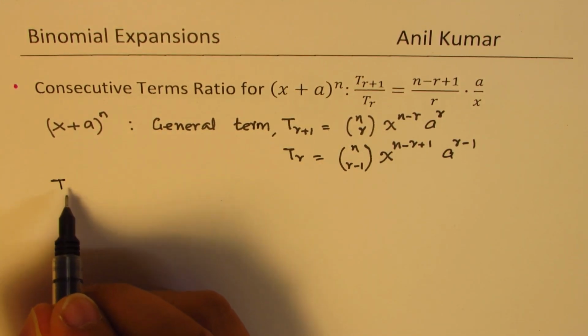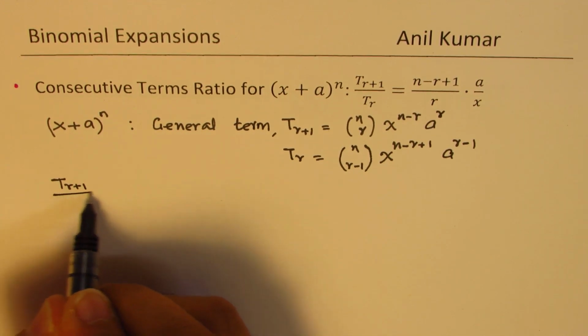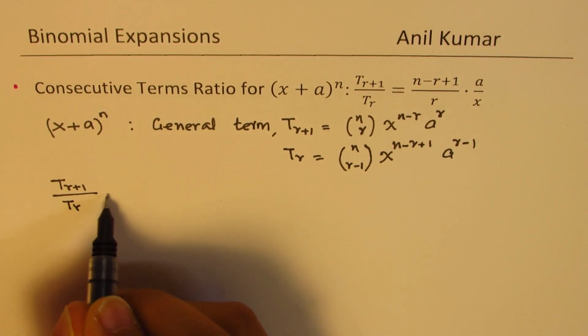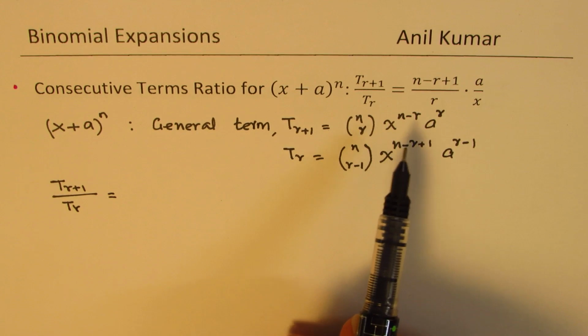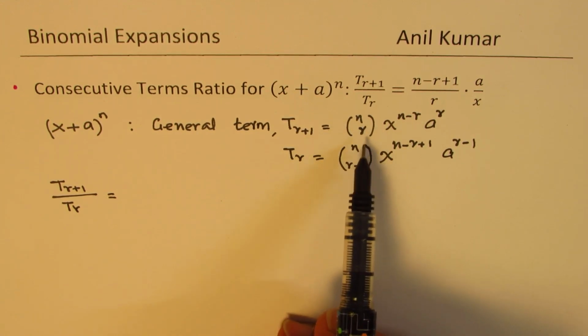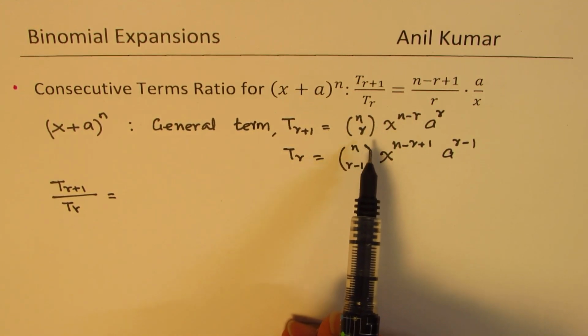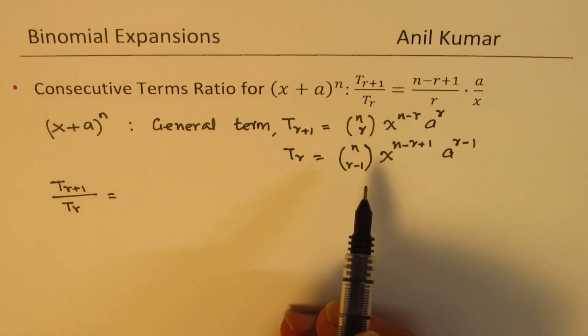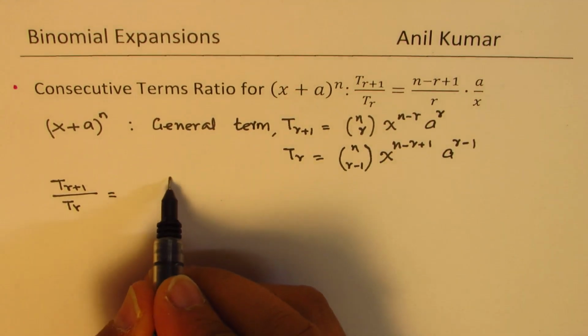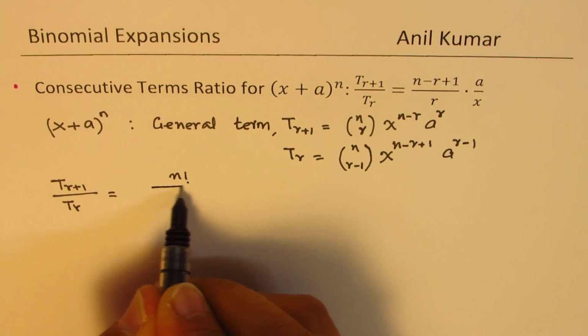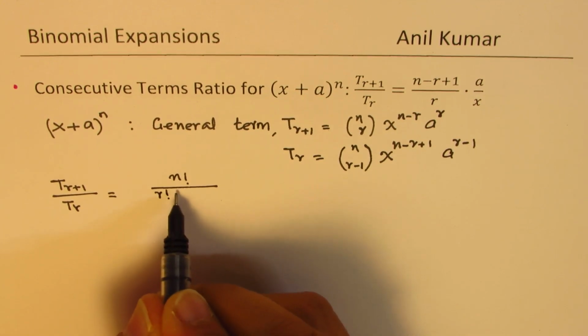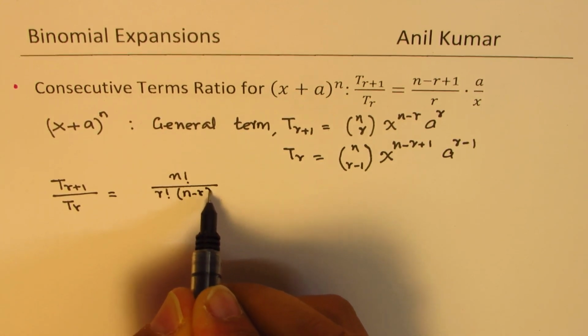So we have this ratio T(r+1) over T(r) as equal to nCr, and what is the formula of nCr? The formula for nCr is n factorial divided by r factorial times (n minus r) factorial.